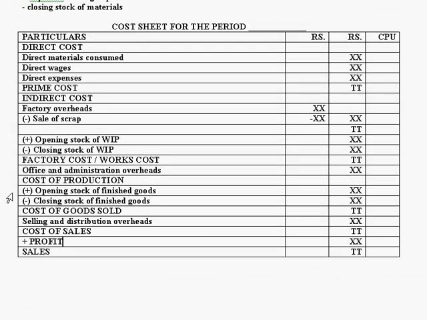Now tell me, what if some finished goods have been given away as donation or charity? Should that be shown in the cost sheet? Yes or no?